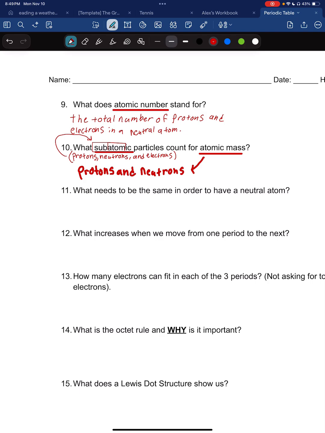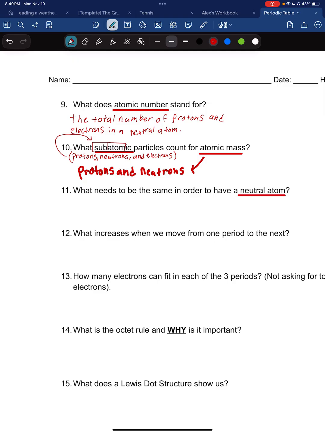So, number 11, what needs to be the same in order to have a neutral atom? Okay, now this is not talking about which subatomic particle is neutral. It's talking about how we can have a neutral atom. We need two subatomic particles to cancel each other out.